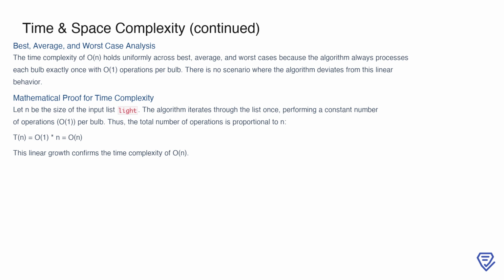During each iteration, it performs a constant number of operations, leading to a total of O(1)*n operations. This results in T(n) equals O(n), confirming the linear growth in time complexity. The uniformity of this behavior guarantees that the solution remains efficient even as the input size increases.